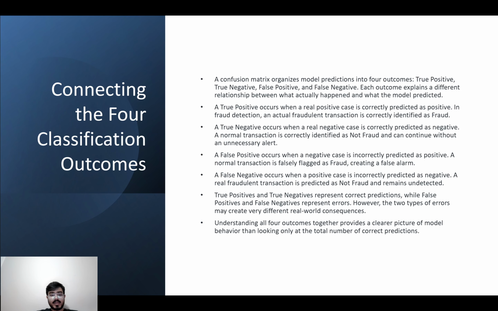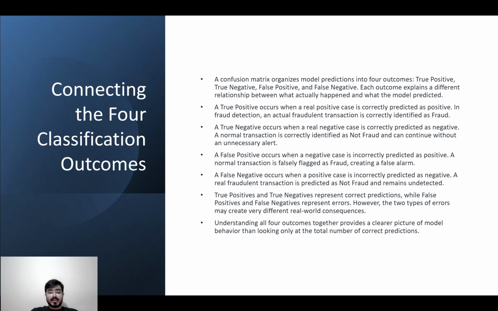So at this point, we have learned the four possible outcomes of the classification model: true positive, true negative, false positive, and false negative. Now let's connect them together and understand how they describe the predictions made by the model. Whenever the model makes a prediction, only one of these four outcomes can occur.